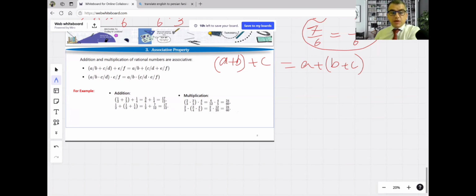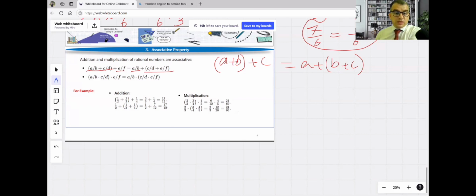Suppose a by b, c by d, and e by f are three rational numbers. You can add a by b plus c by d, then add this result to the third rational number, or you can add the first rational number to the sum of the second and third numbers.